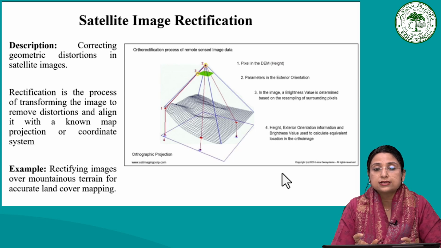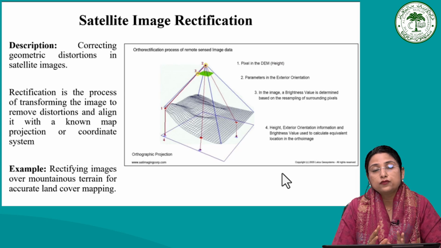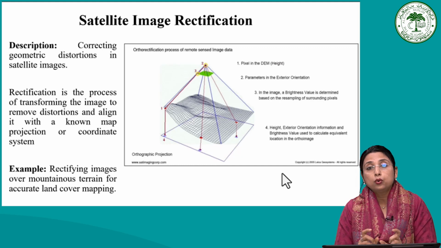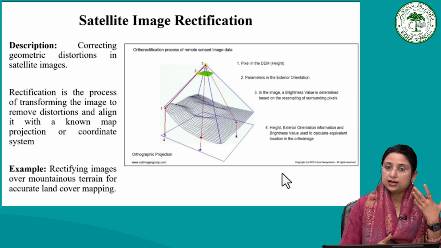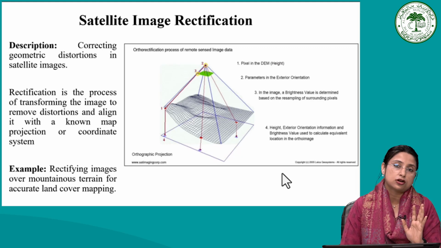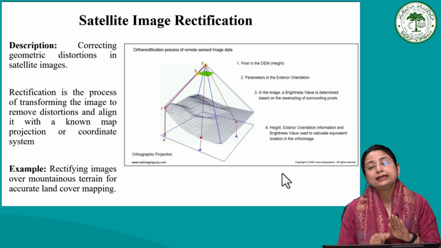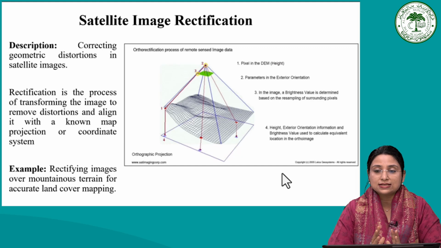It is the process of transforming the image in order to remove its distortion and then align it with a known projected or coordinate system. It means all the geometric distortions of the image are removed, and then it is aligned with a particular standard projected system, or coordinate system.